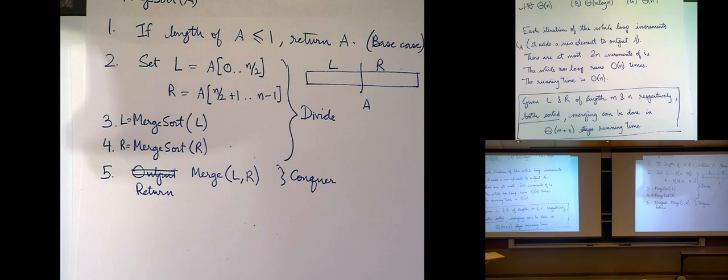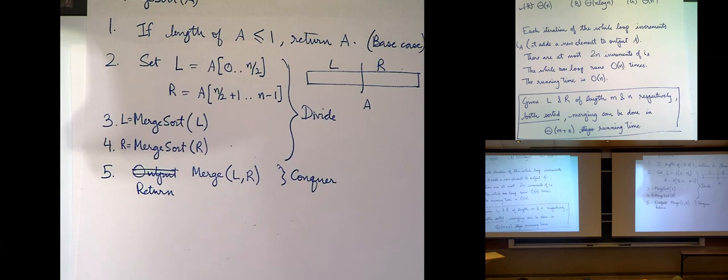Okay. So what I want to do now is I will come back to the running time of merge sort after I tell you quicksort, because then we can put them side by side and talk about them together in terms of runtimes. Okay? So this is merge sort.